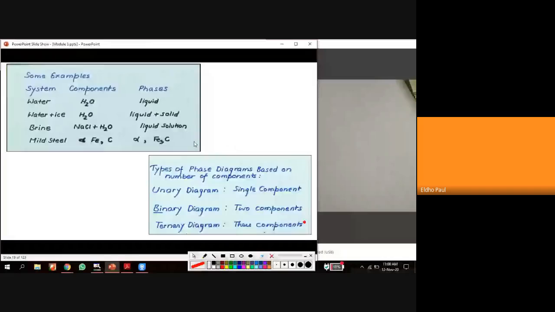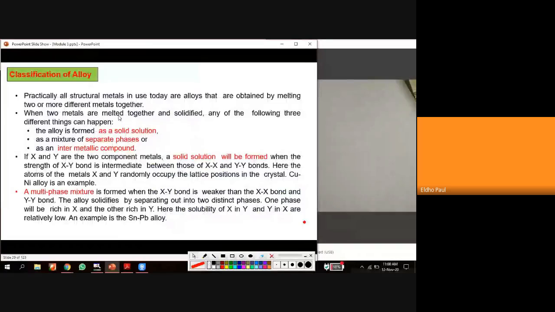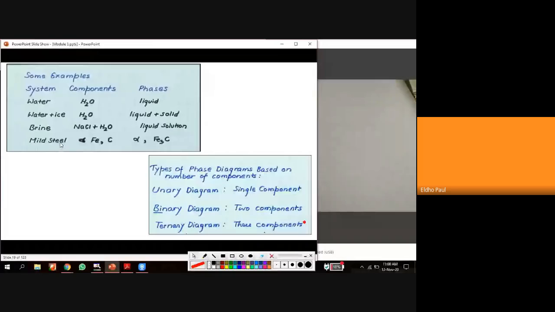When two metals are melted together, how are these alloys formed? For example, I want to create an Fe-C alloy, mild steel. For that we take a molten material of iron and a molten material of carbon. By heating, we convert the carbon into the molten state as well as the iron.